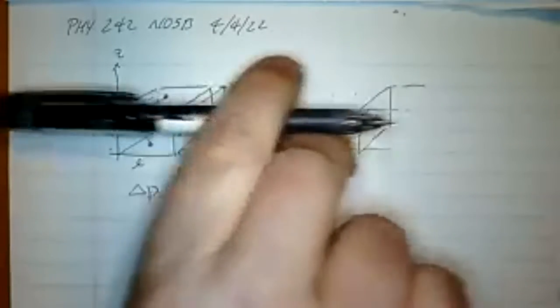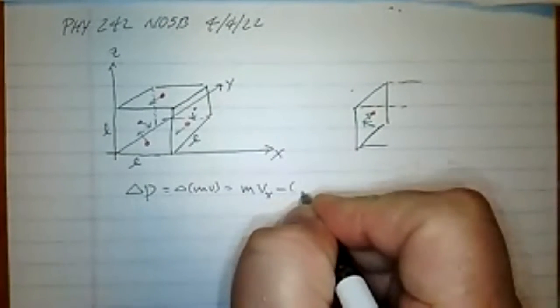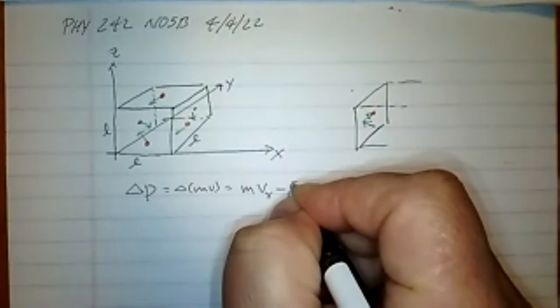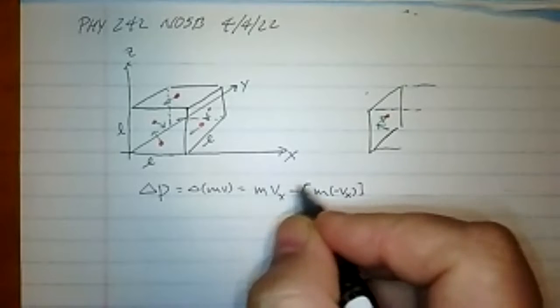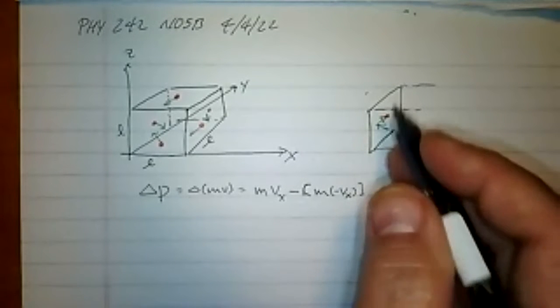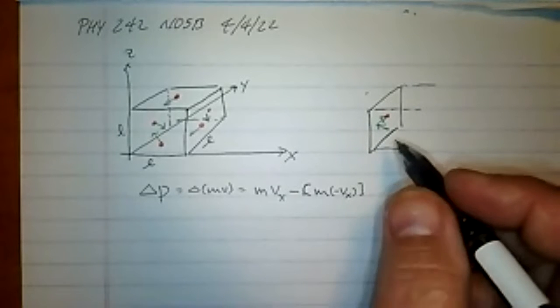Notice I'm going to the right in the final, so in the final direction it's actually positive, minus m times negative v sub x. And since it's a perfectly elastic collision, you'd expect this vx and this vx to be the same, because perfectly elastic means the wall was not moving. We had not considered the wall moving at all.